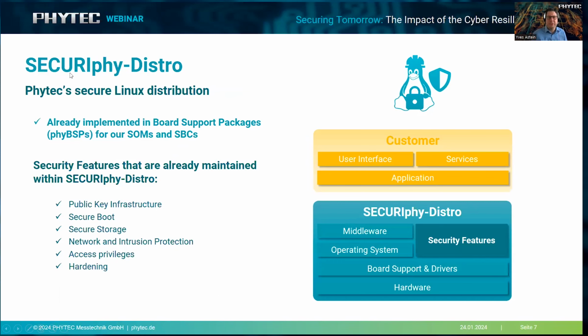In general, this is what we call our Securiy distro. In this distribution, we make sure that we have all security relevant functionalities that need to be supported for the processor, or that make use of the processor security features, that these functions are fully implemented and they are easy to use. So we try, of course, to make our system on module as attractive and easy to use as possible for you.